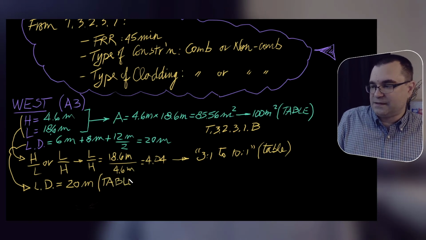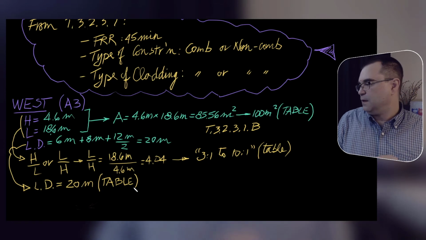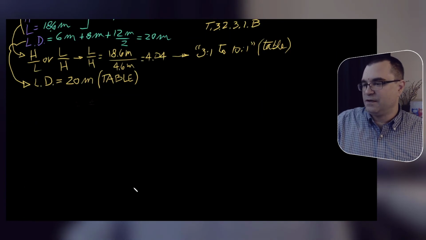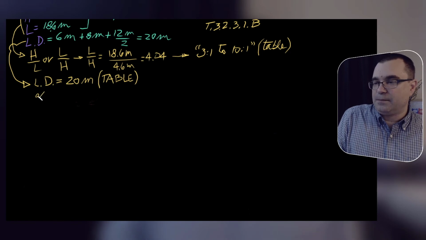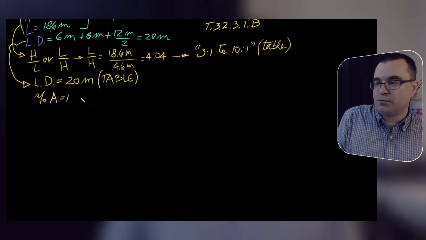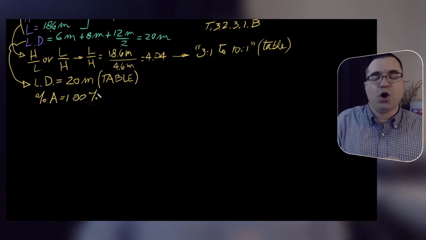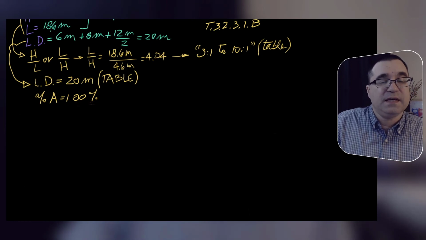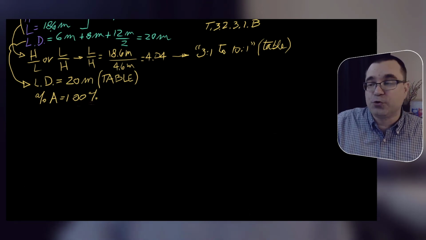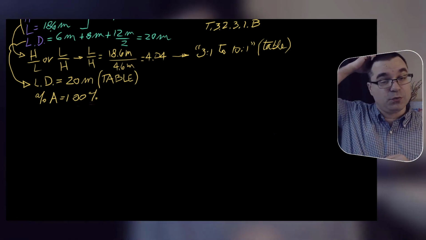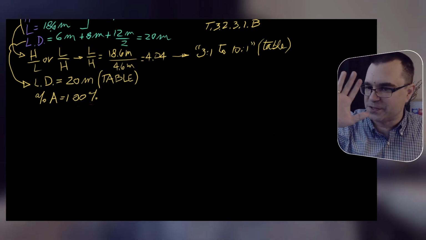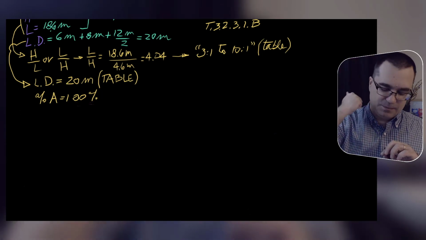So in the table itself, we would then select an unprotected area of 100%. That means all of the west face is allowed to be unprotected. It could all be glass. Heck, it could have nothing to cover the west face, for fire purposes, okay? Obviously, you'd have something there to keep the weather out.